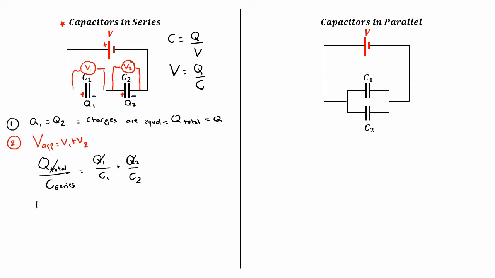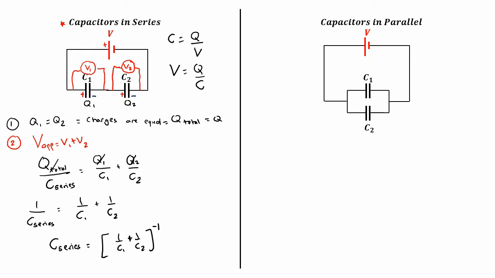And we will end up with 1 over the capacitance in series equals 1 over C1 plus 1 over C2, which can be written as: for a series combination, the capacitance is the sum of the inverses of all of the capacitors, and then taking the inverse of that. All right.